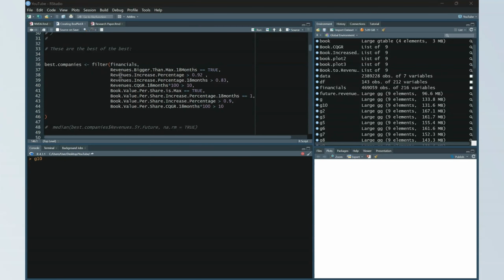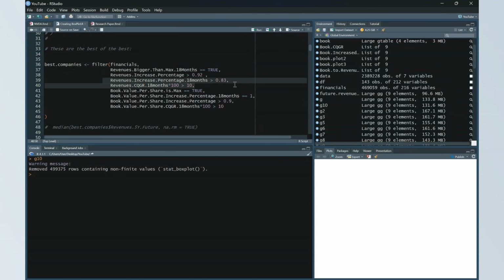Taking the notes from the Apple revenue charts we just saw, I made a filter, trying to copy the metrics or making a little adjustment to get more companies to work with. So these are the metrics. We want to make sure we're seeing all-time high revenues, all-time increase 92%.